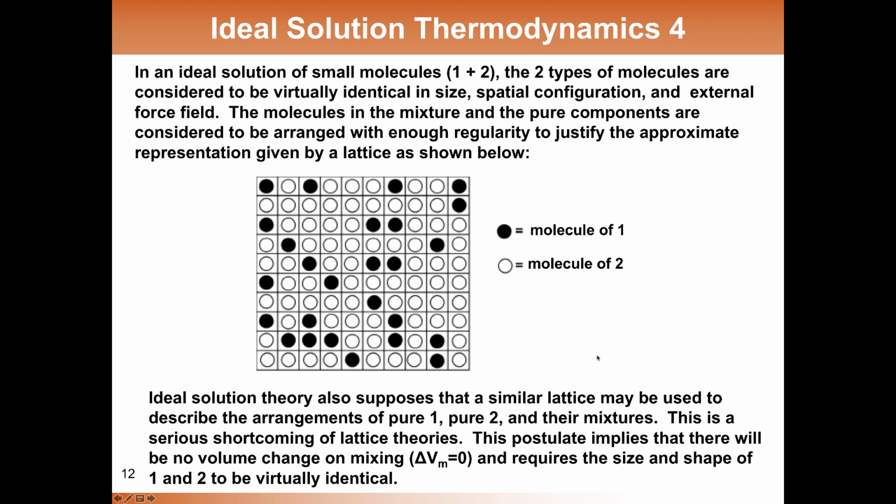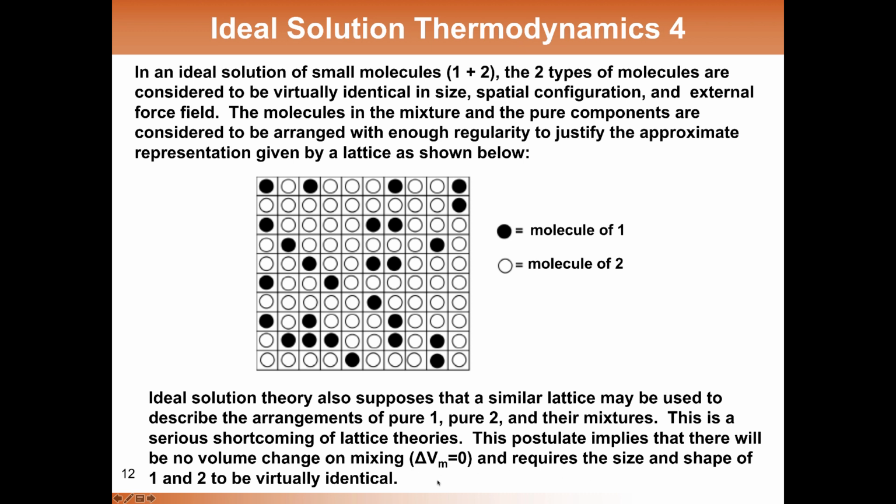And the ideal solution theory also supposes that a similar lattice, this is the lattice for the mixture, can be used to describe the arrangements of the molecules of type 1 in the pure state, molecules of type 2, as well as their mixtures. And this has the really important practical drawback that it doesn't allow any volume change on mixing.